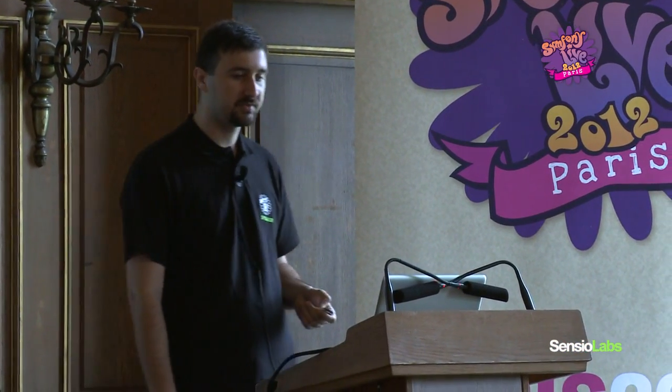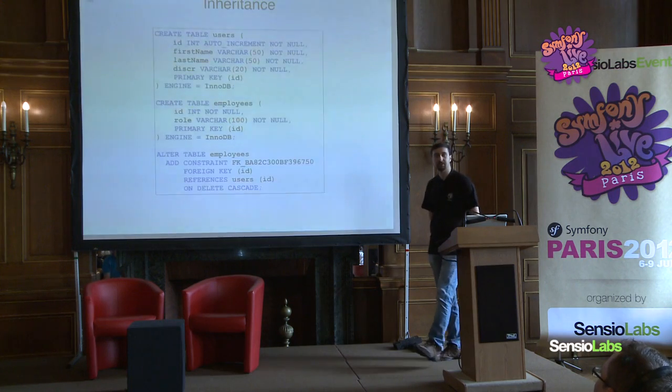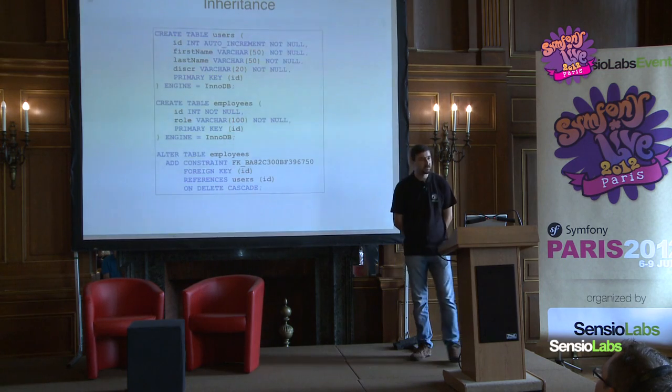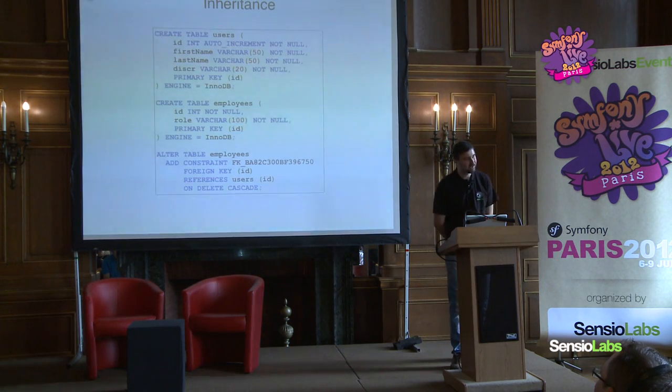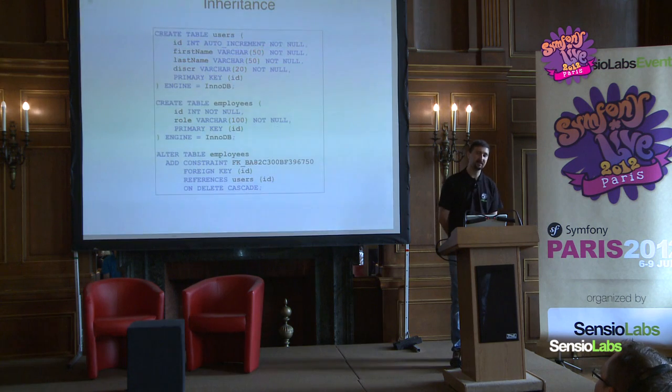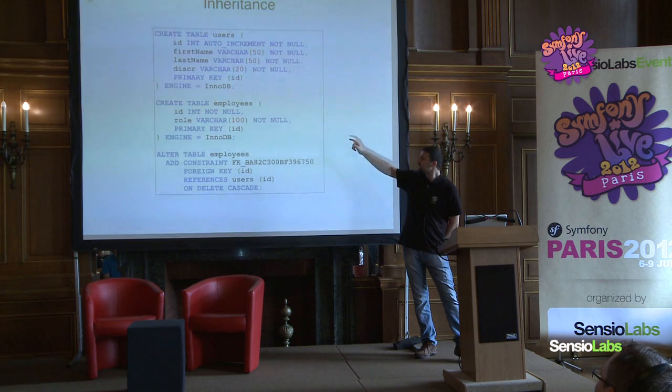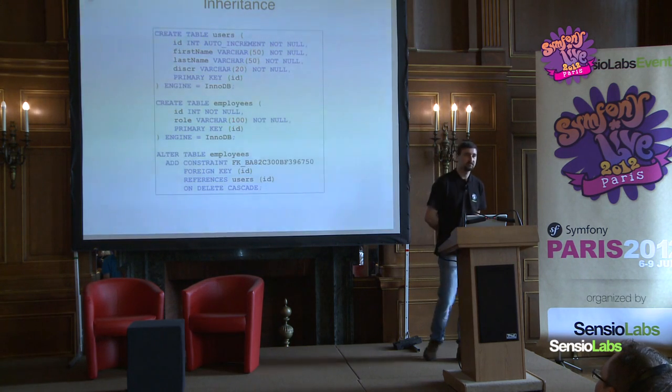So switching between inheritance types is very easy in the code. It's very hard in the database. So what's the table that this one generates? It's probably going to generate 3 statements that you're going to execute. The first one creates the table user. The second one creates the table employee. And the third statement is a constraint that implies that the ID is the same ID as the user.